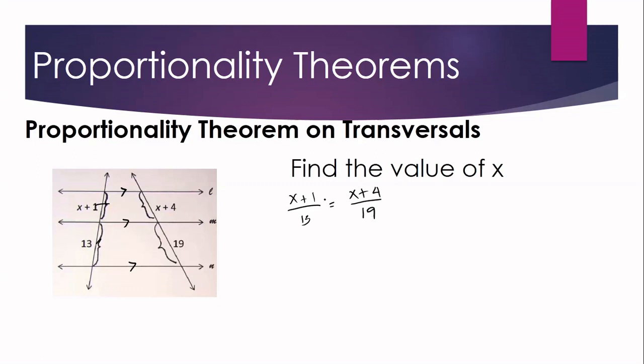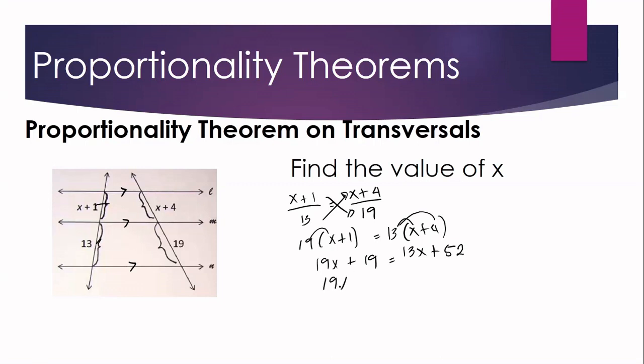And then if we do that, cross multiplication, we have 19 multiplied by x plus 1 is equal to 13 multiplied by x plus 4. Distributive property, we have 19x plus 19 is equal to 13x plus 13 times 4 is 52.